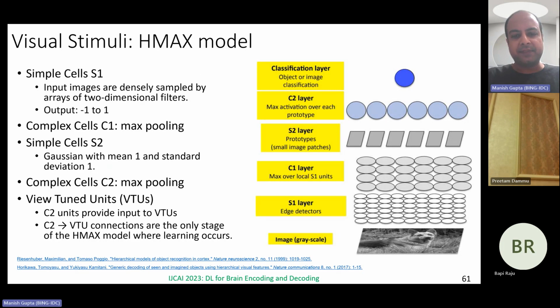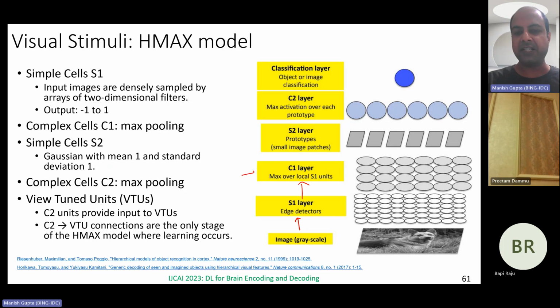But over time, CNN-ish kinds of models started coming up, like the HMAX model. This model is like a CNN, which is very close to the way neuroscientists think the visual cortex works. There are simple cells and complex cells, and there are several layers of them. At the base, you would have some edge detectors, and then some more complex cells.